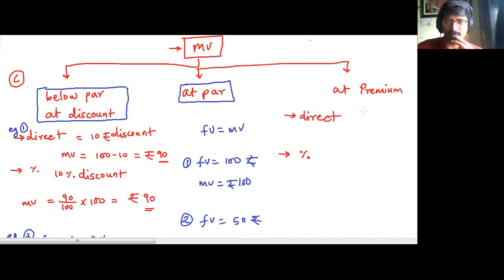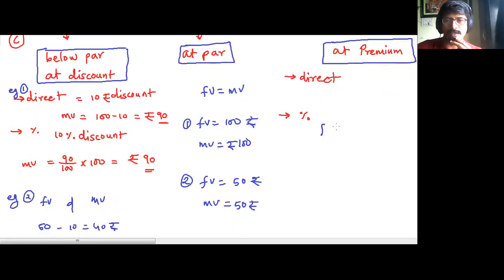Okay, now the next part will be when it is at a premium. What do you mean by at premium? At premium means obviously it's with the profit. So what will happen with the face value and premium or profit and then market value? If face value is 100 and the profit is 10 rupees, or the premium is 10 rupees, then the market value will become 100 plus 10. It will become 110 rupees. I hope you understood.